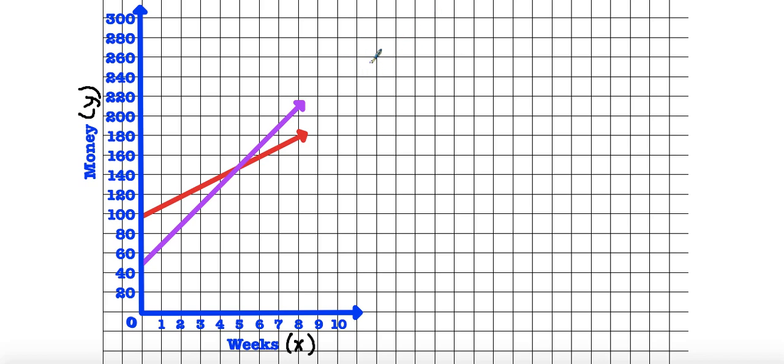And looking at our two equations again, so looking just at this one, our 20 is how much we save per week. So $20 per week, which is a rate.